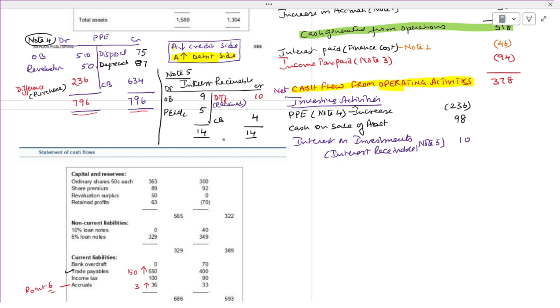Interest from investments, is it right? Interest on what? Interest on investments. Okay. I can write interest from investments or anything. Is it right? How much is there? Okay. 10. Total comes to how much?